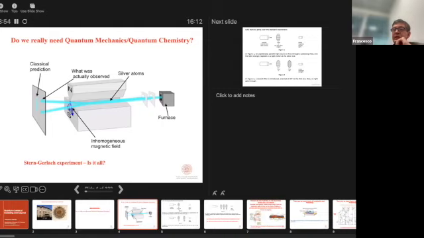Do we really need quantum mechanics for this? Okay, let's say we say no. Why don't we need that? There is something in the silver atoms that is special. We don't know what it is. But the fact that you have just two possibilities is exactly the same situation we have when we're dealing with a point that is projected onto the x-axis.